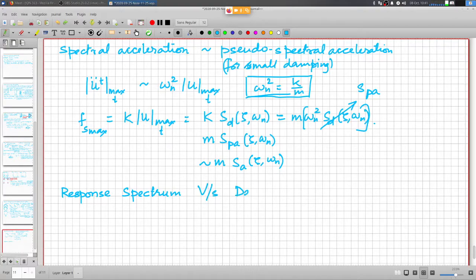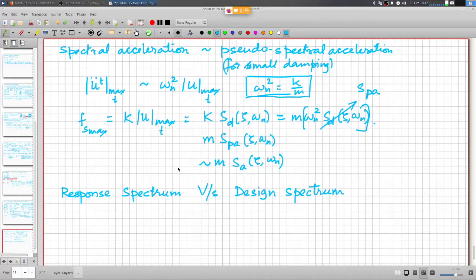The response spectrum is the response of an existing structure. See, it is not an existing structure. The very fact that it is a spectrum means you are computing the response of several different structures with different natural periods. They correspond to different structures, isn't it?